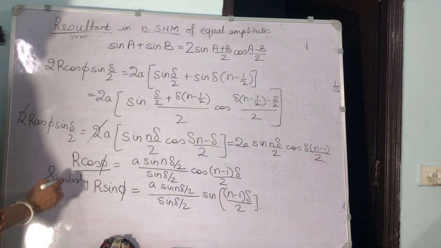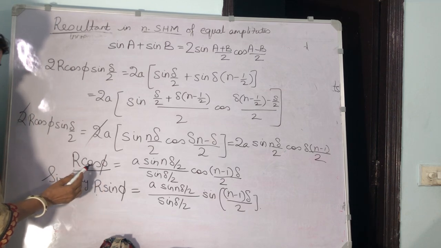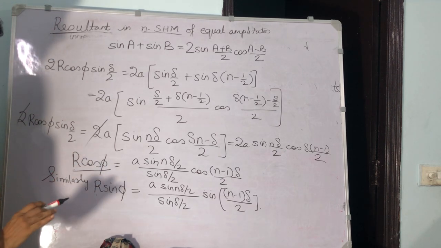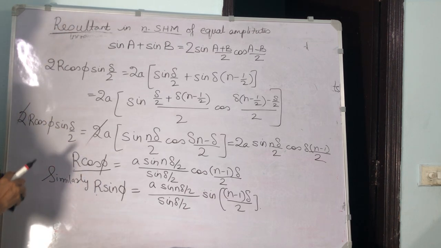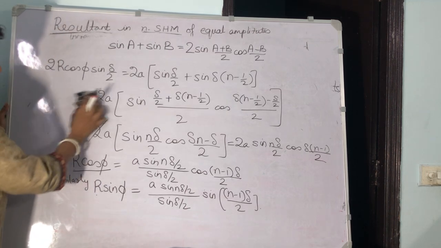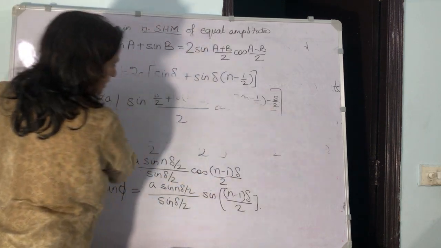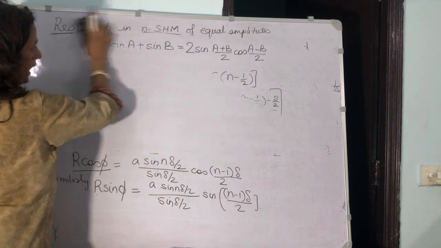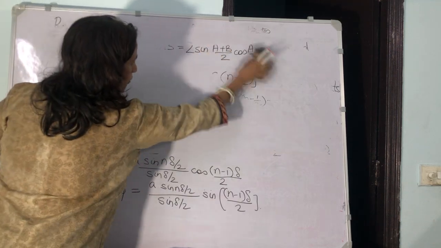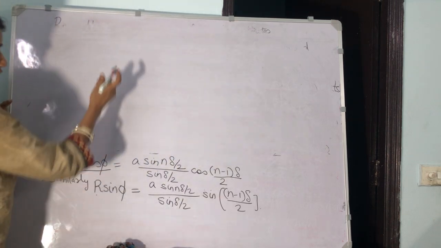Now we have r cos φ, r sin φ. We need the resultant. So in vector analysis, resultant comes from cos² θ plus sin² θ equal to 1. So we will square and add these two equations.